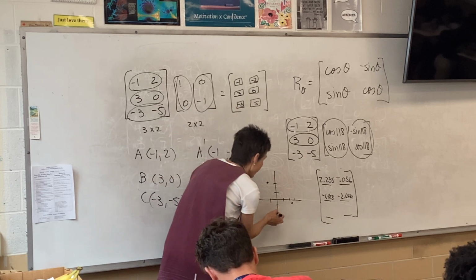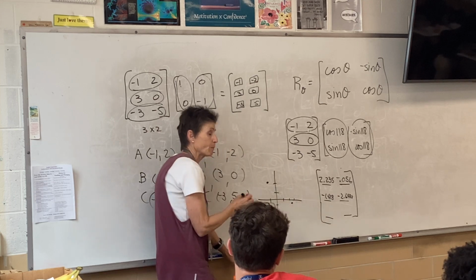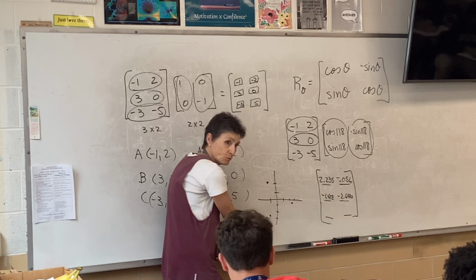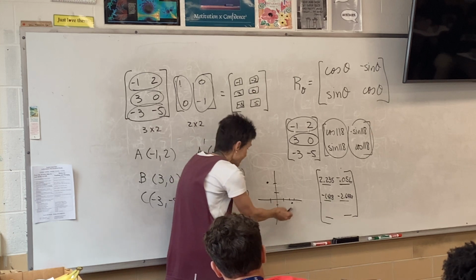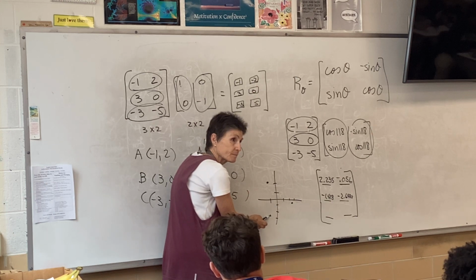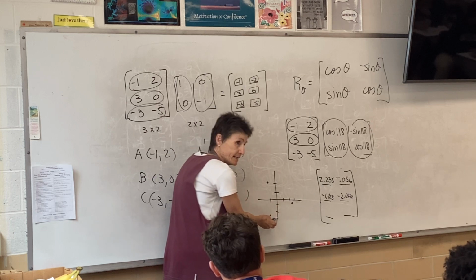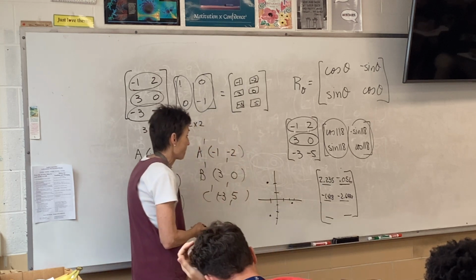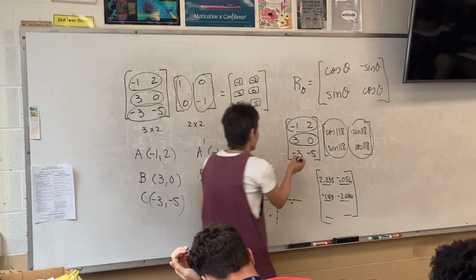So that one would be over here somewhere. Now remember, that original point started here. Does it make sense that if you rotated it 118 degrees, it would be right down here? Yeah, because that would be 90. You're going slightly more than that. All right, and then do the last point.